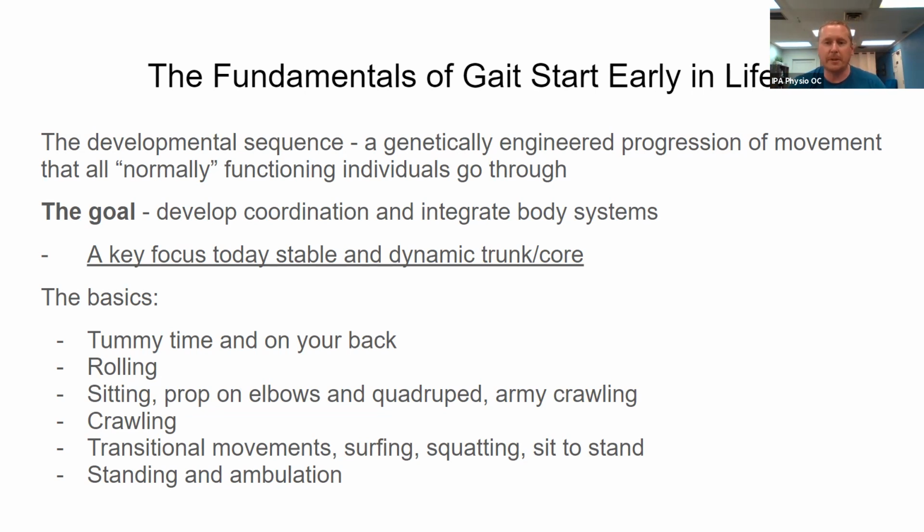But I'm going to skip through things a little bit faster so we can get to some of the other things. Once you're on your belly and you see the baby moving, you also get them onto their back and they're kicking their arms and legs up and grabbing at the things above them. They're developing their flexors, their head's coming up, their chest is coming up, and they're shaking and then collapse back down because they lose their endurance.